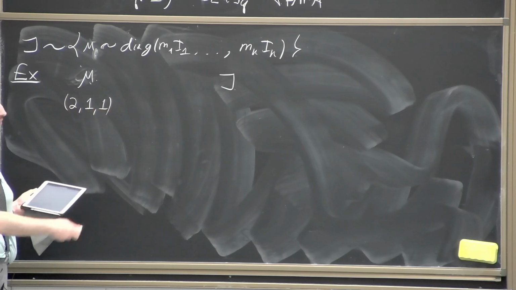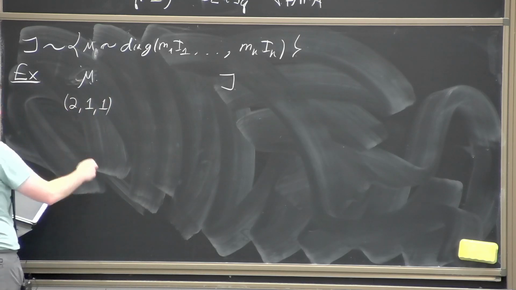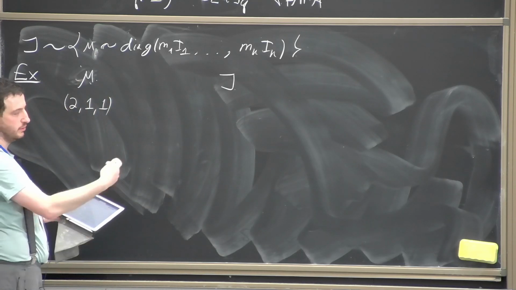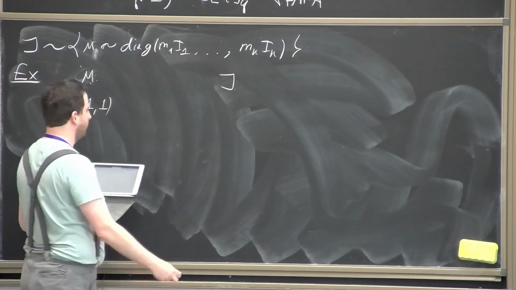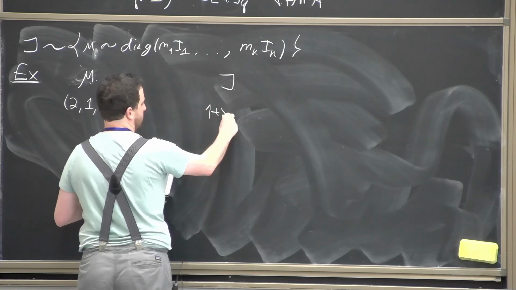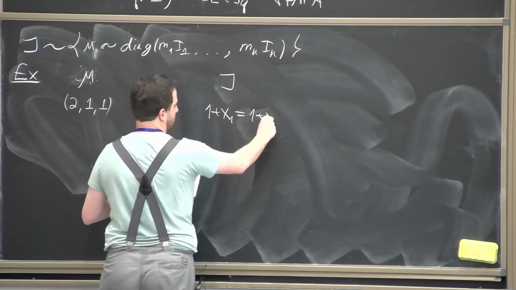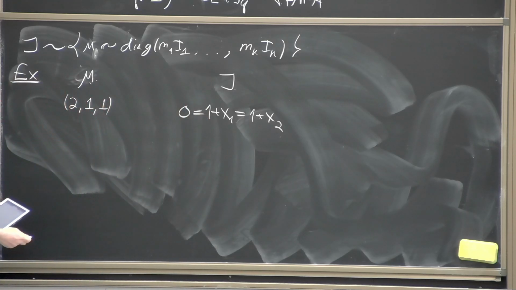This is a PGL4 local system. If this partition is 1, 1, 1, 1, then there is no ideal, no special condition. If the partition is of this form, then the ideal is generated by 1 plus x1 equal to 1 plus x2, in terms of equations equal to 0.